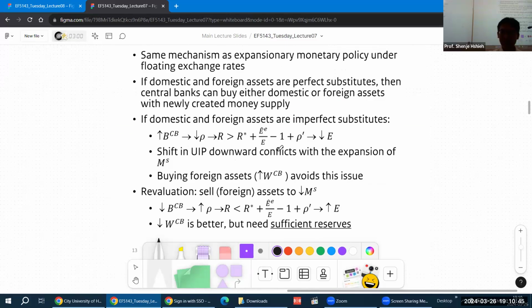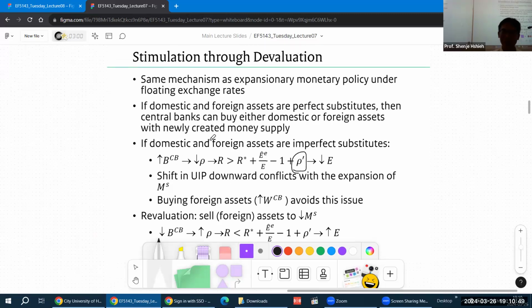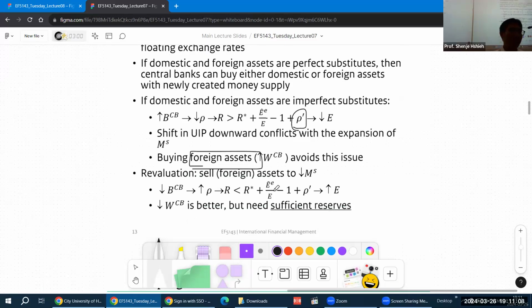Things are enhanced if you have this rho term, because if you decide to conduct devaluation, rho will actually help you if you buy foreign assets as opposed to domestic assets, if we have imperfect asset substitutability. And revaluation the other way around.